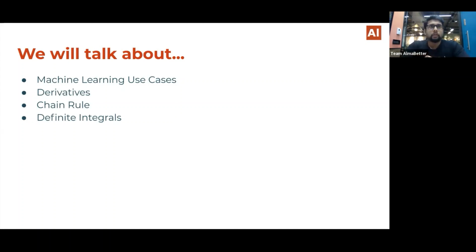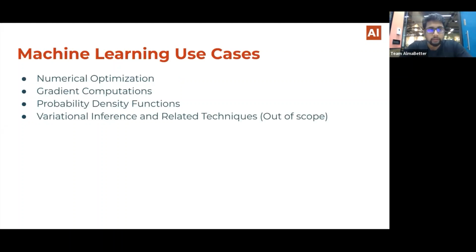In data science there are topics like neural networks and gradient descent, and these concepts are well understood if you know some of this. But even if you do not know even a bit of calculus, it's not going to impact your understanding in any way. But you'll get more feel if you go through the calculus topics. So, let's start with the machine learning use cases.